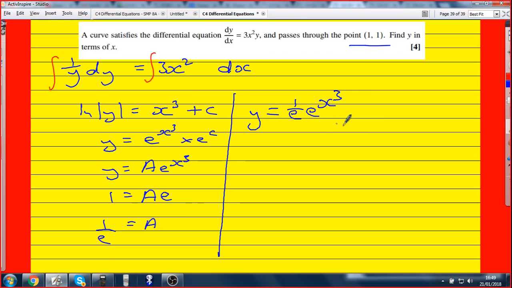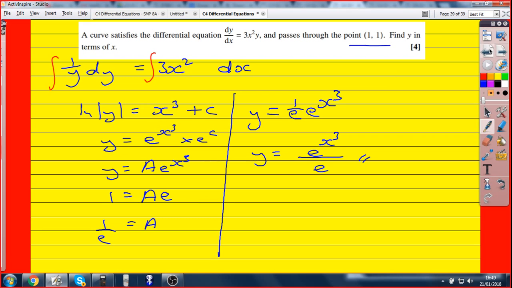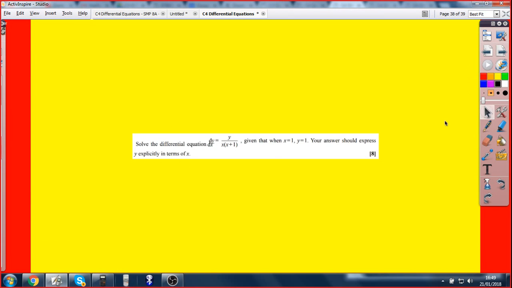X cubed, and I think that's it, because this has an exponent, it has a power, so there's nothing you can do there. Find y in terms of x. Let's just make sure. So we said when that's 1, that's e to the 1. That's it. Yep, it's a bit awkward, but that's it. Okay, any questions there? Okay, let's try this 8 mark thing.